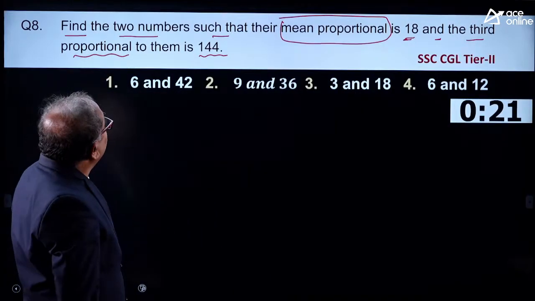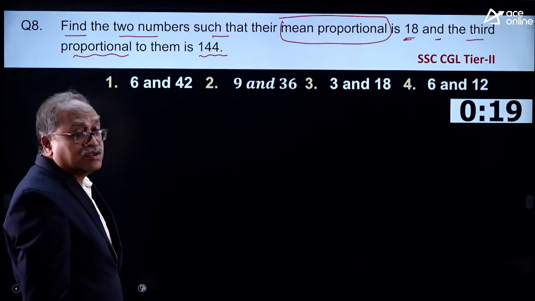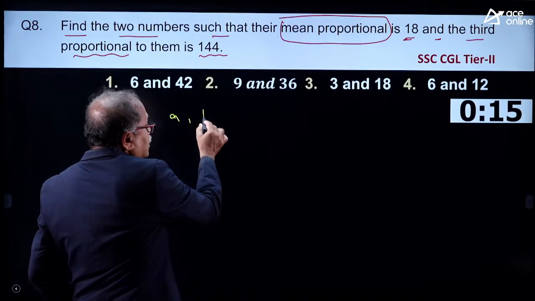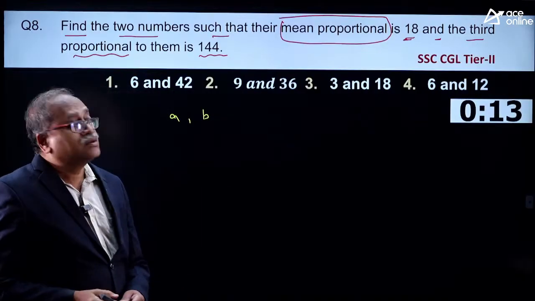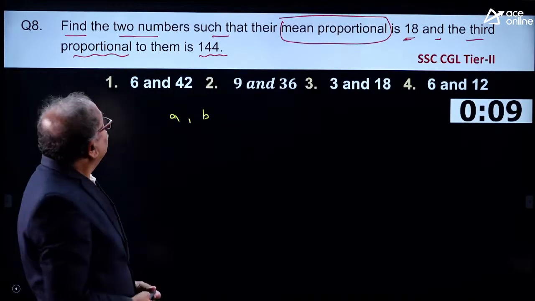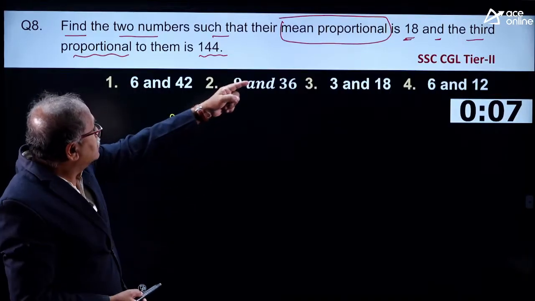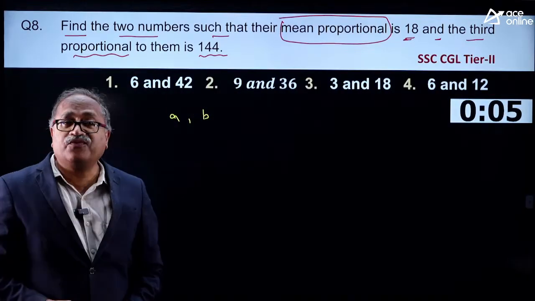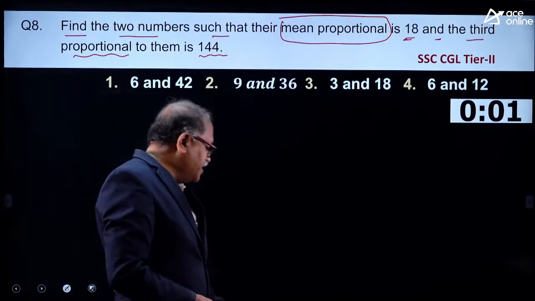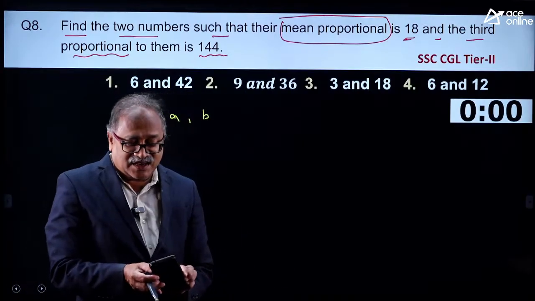Let us consider that the numbers are A and B, such that their mean proportion is 18 and their third proportion is 144. Can someone beat Aman in terms of speed?